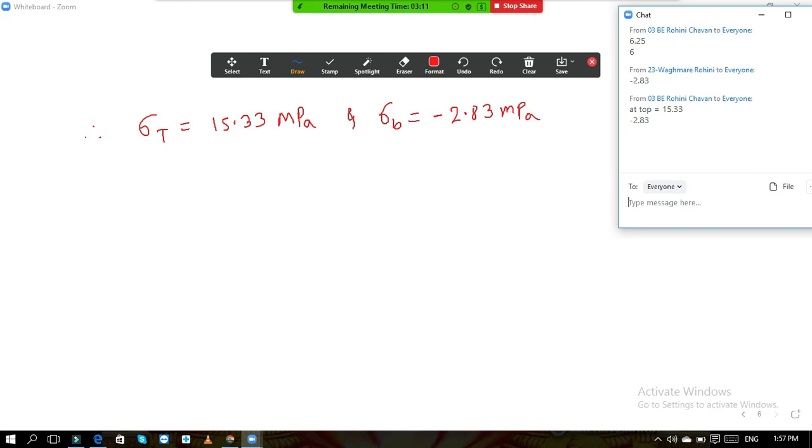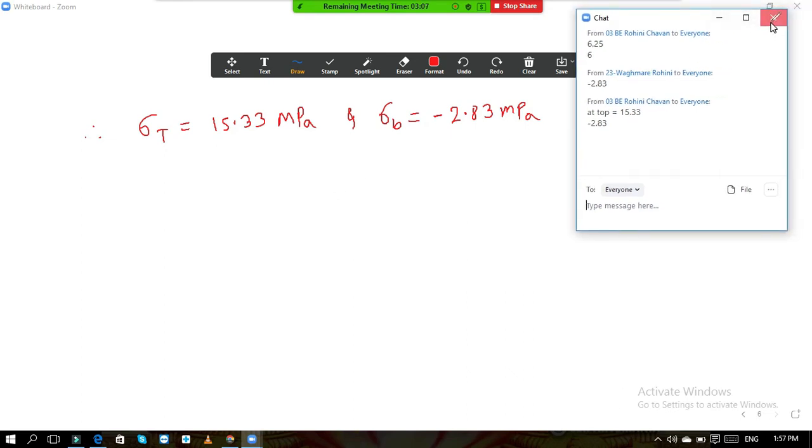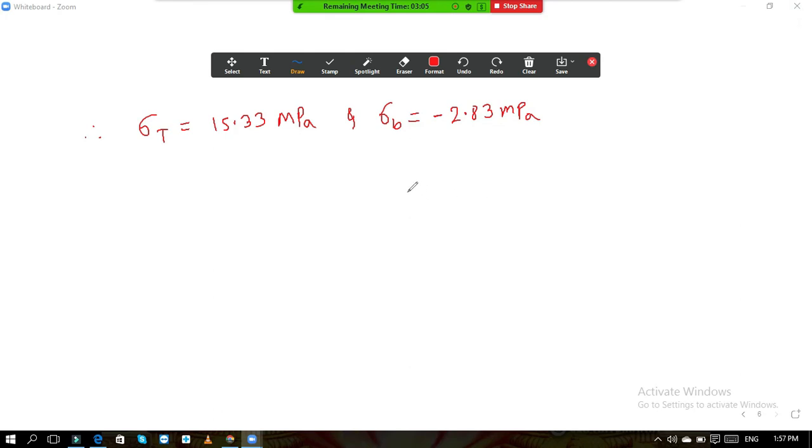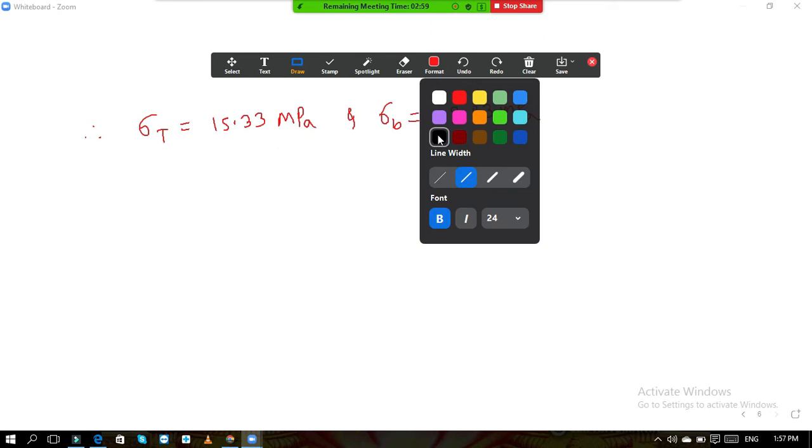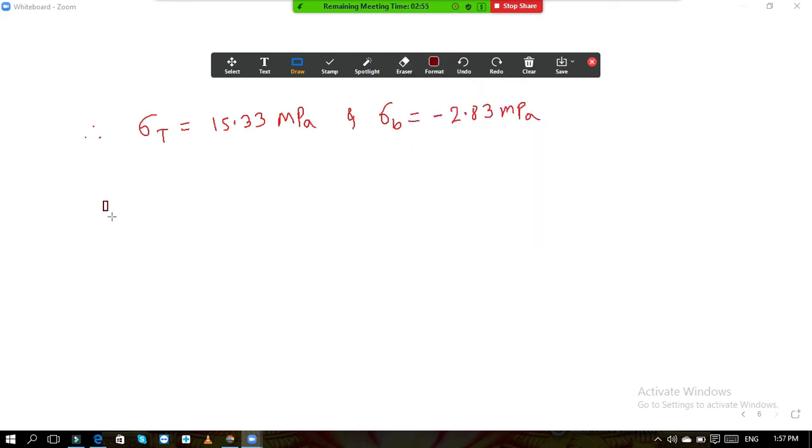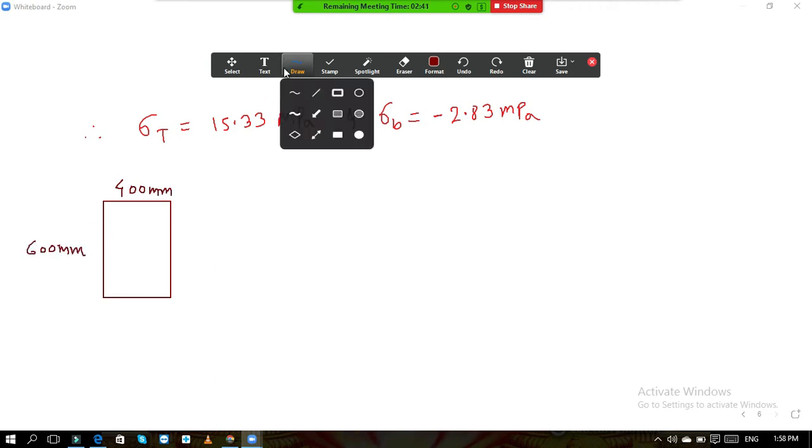-2.83, correct. So we got the same values by this concept also, the strength concept. Now again we will draw the diagram for the strength concept. This is the cross section of the beam, 400 mm by 600 mm.